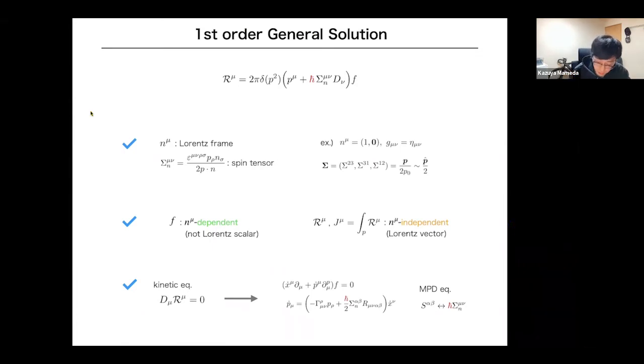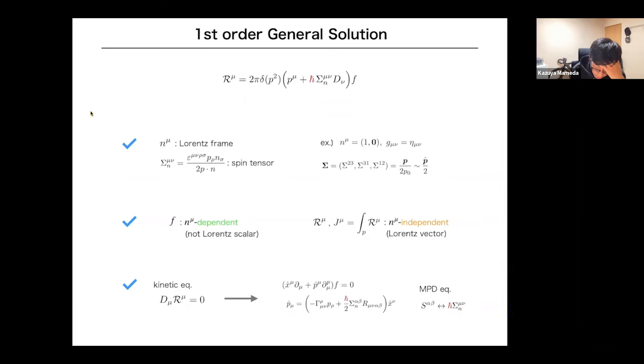Then we get this general solution. And the important point is that there are three important points. The first one is n, the meaning of n.